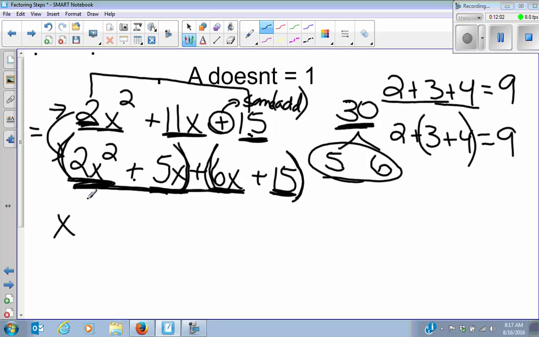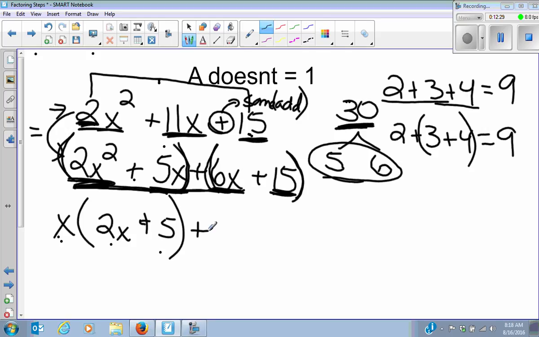When I pull that out, what am I left with? 2x plus 5. How do I check that? X times 2x gets me to my x squared. X times 5 gets me to my 5x. Any questions on that step?